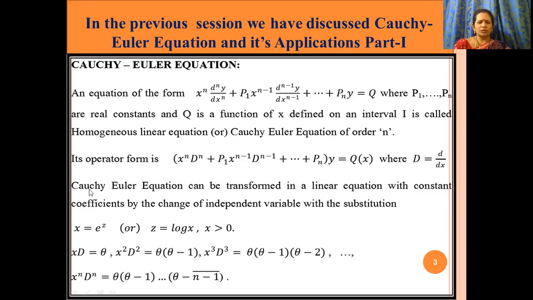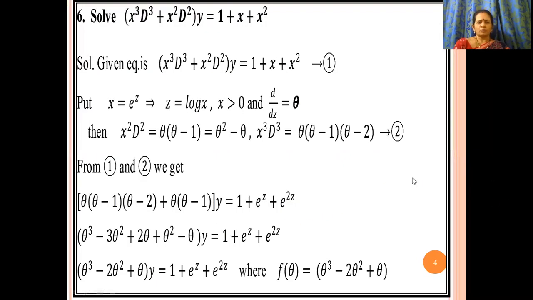The Cauchy-Euler equation can be transformed into a linear equation with constant coefficients by a change of independent variable with the substitution x equals e power z, that is z equals log x. So using these Cauchy forms, we have to do the sums.